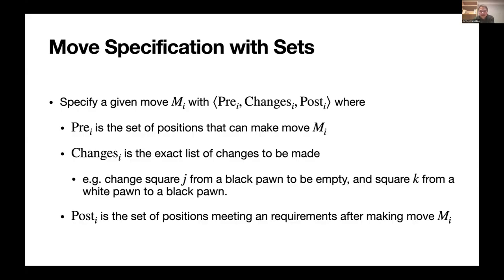The pre and post conditions are essentially sets where the move is legal and it can be done. And the combination of the pre and post conditions will control whether you can make the move. For example, in chess, a postcondition is that you can't move and be in checkmate after you moved.